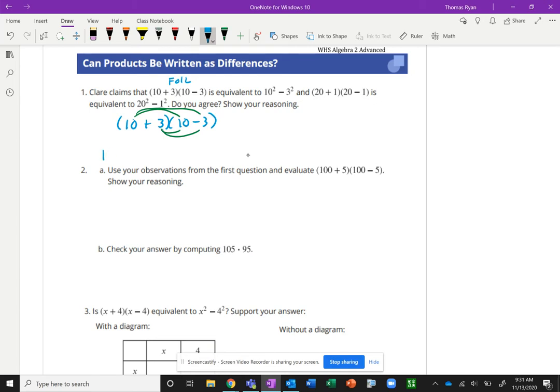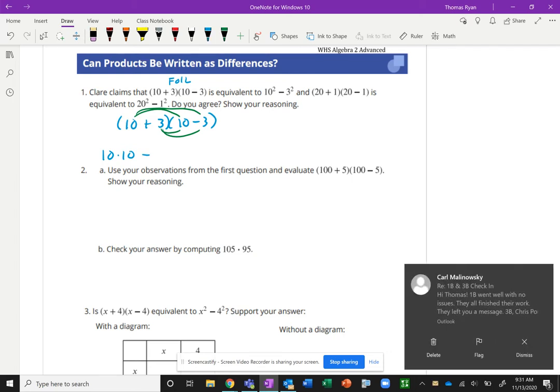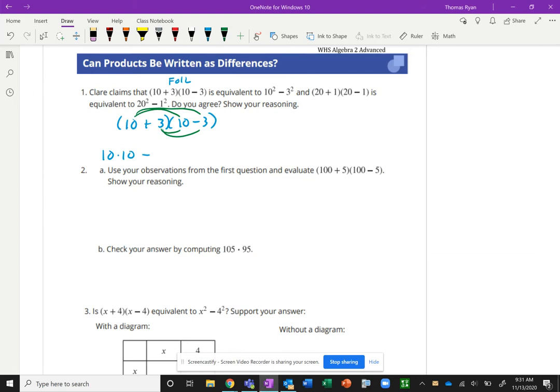So we're going to have 10 times 10. Then we're going to have a negative 3 times 10, or 10 times negative 3, I should say. So minus 10 times 3. Then we're going to have a plus 3 times 10. And then on the last, we're going to have a minus 3 times 3. Right?